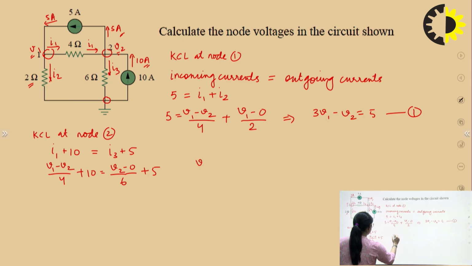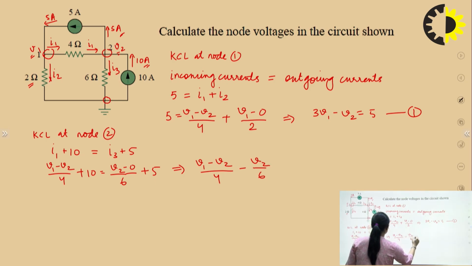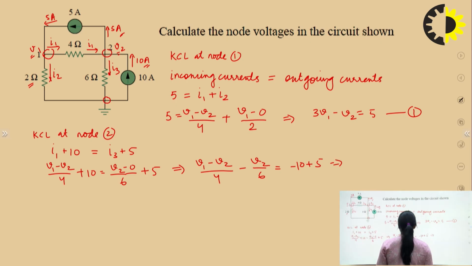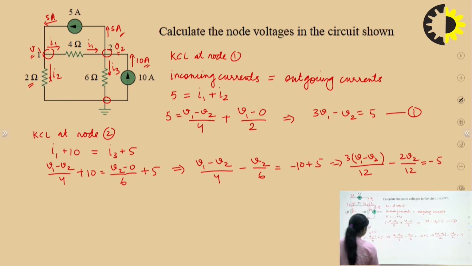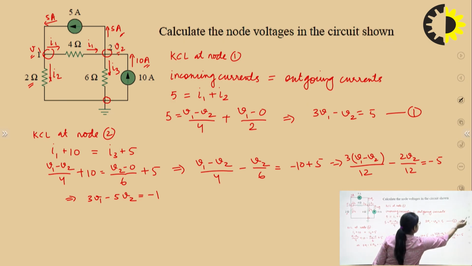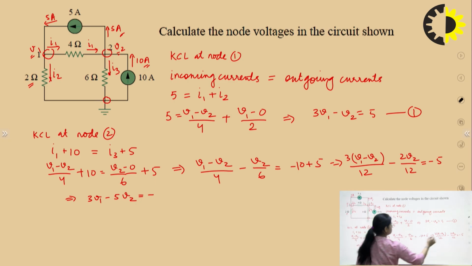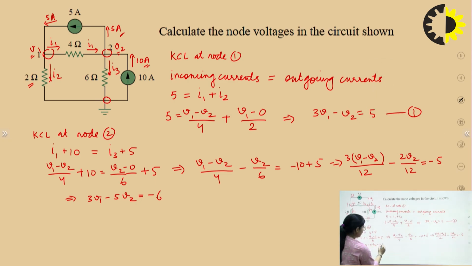We will be getting (V1 minus V2)/4 minus V2/6 is equal to minus 10 plus 5, which will be equal to (3(V1 minus V2))/12 minus 2V2/12 is equal to minus 5, which will be equal to 3V1 minus 5V2 is equal to minus 60.